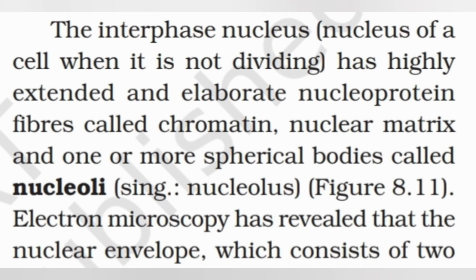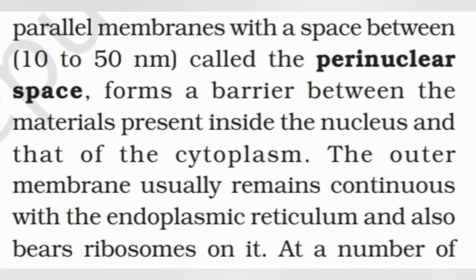Electron microscopy has revealed that the nuclear envelope, which consists of two parallel membranes with a space between them of 10 to 50 nanometers, called the perinuclear space, forms the barrier between the materials present inside the nucleus and that of the cytoplasm.